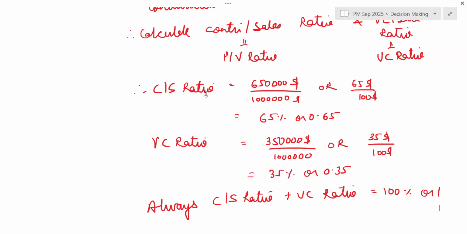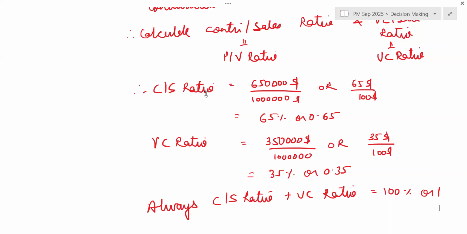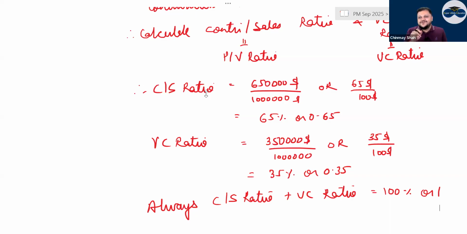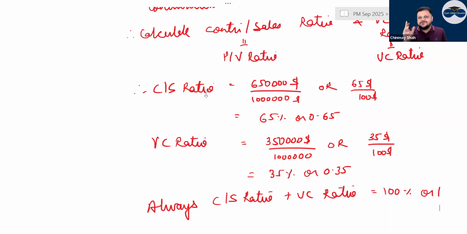Yes, sir. That only means contribution will be constant if nothing is given? Yes, sir. That only means contribution by sales ratio will be the same if nothing is given? Yes, sir. And variable cost ratio will also remain the same if nothing is given.